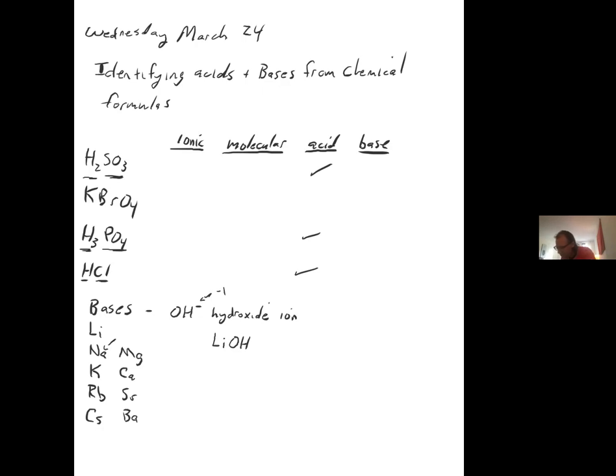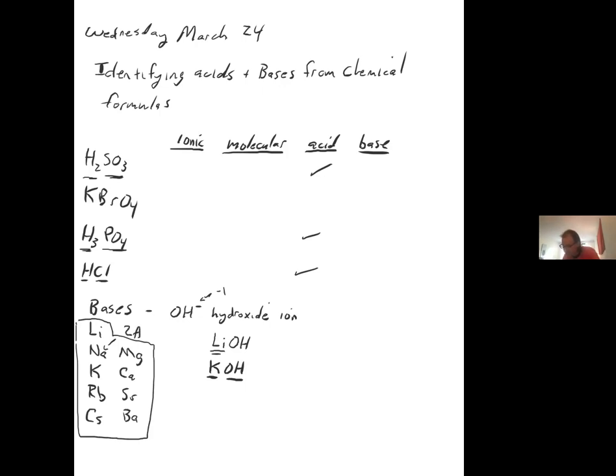It has one of these 9 metals, right? It's just those 9, actually. It's one of those 9 metals with a hydroxide. Same thing if you had, for example, potassium hydroxide. You have one of those 9 metals with a hydroxide, okay? Now, if you have one of the second metals, you know, the group 2A, right?